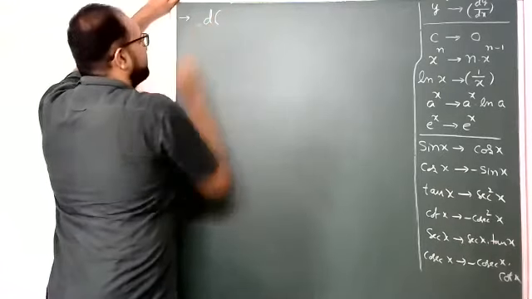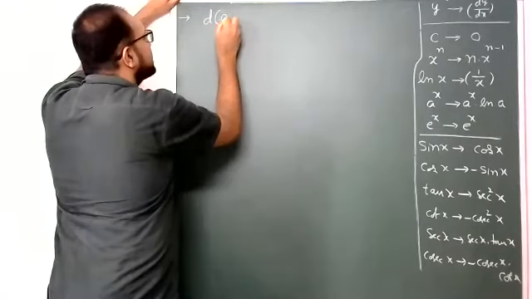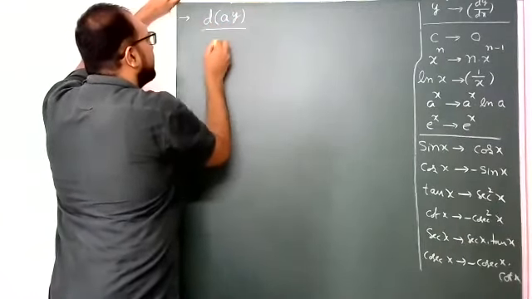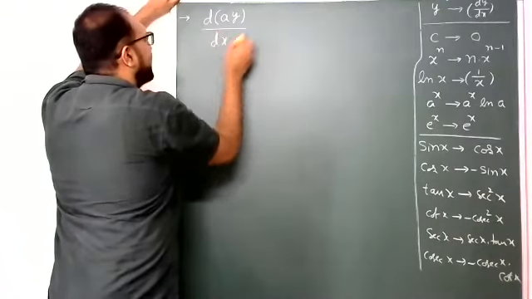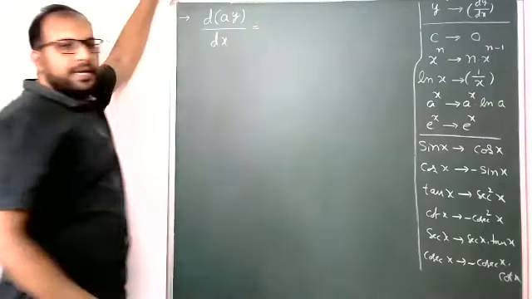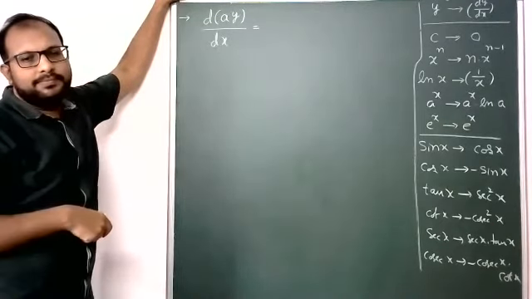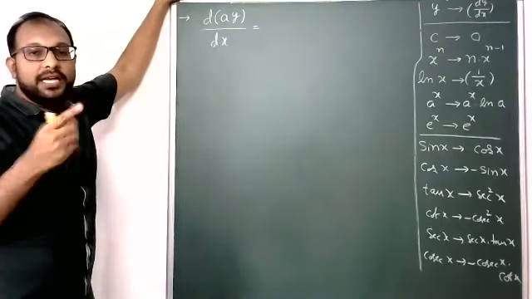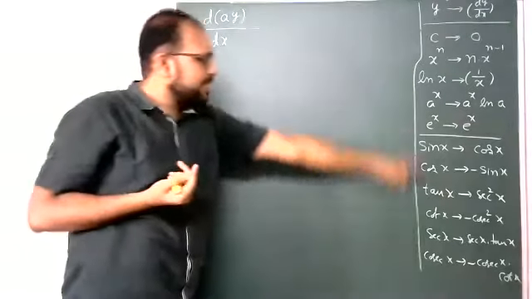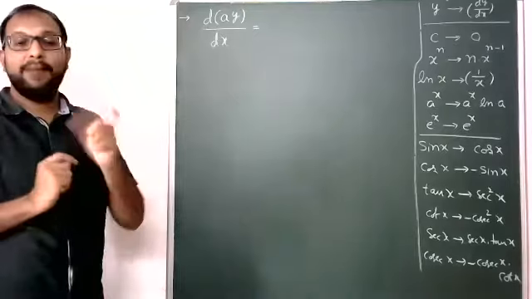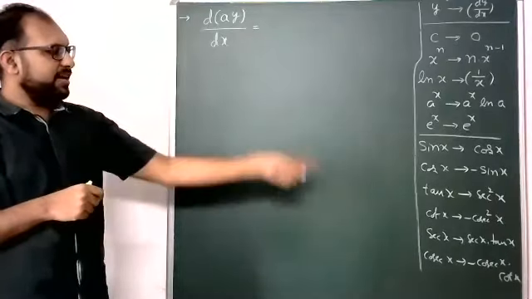Derivative of some constant a into function y with respect to x. Here, students, y is a function of x. Any function, out of this, any one function, but only one function, not combinations.